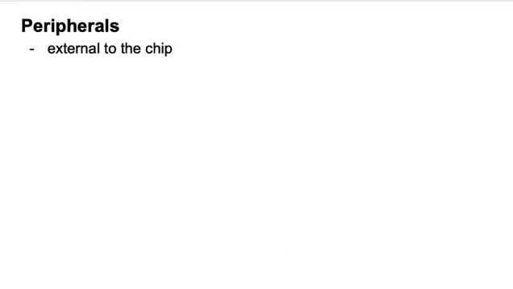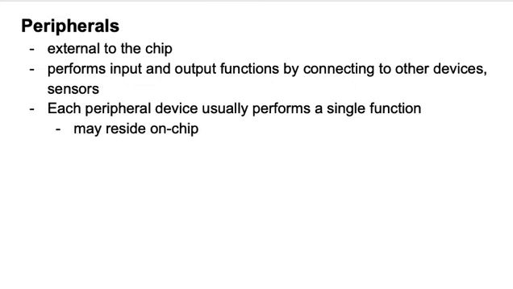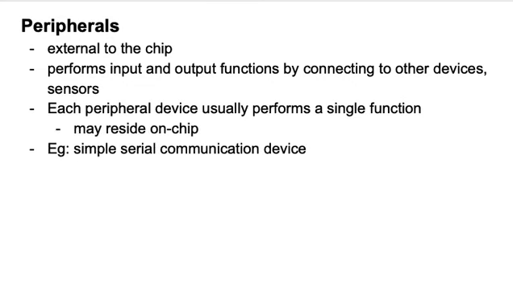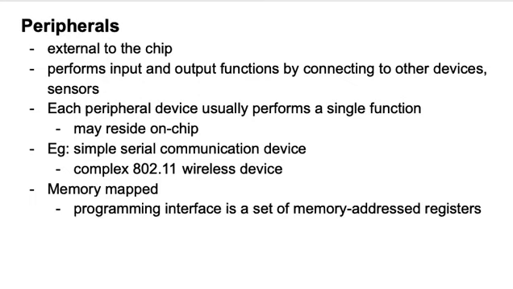Peripherals are external to the chip and they perform specialized functions like input and output by connecting to other devices and sensors. A peripheral performs a specialized single function and it may also reside on chip. Another complex example of a communication device could be a wireless peripheral device.